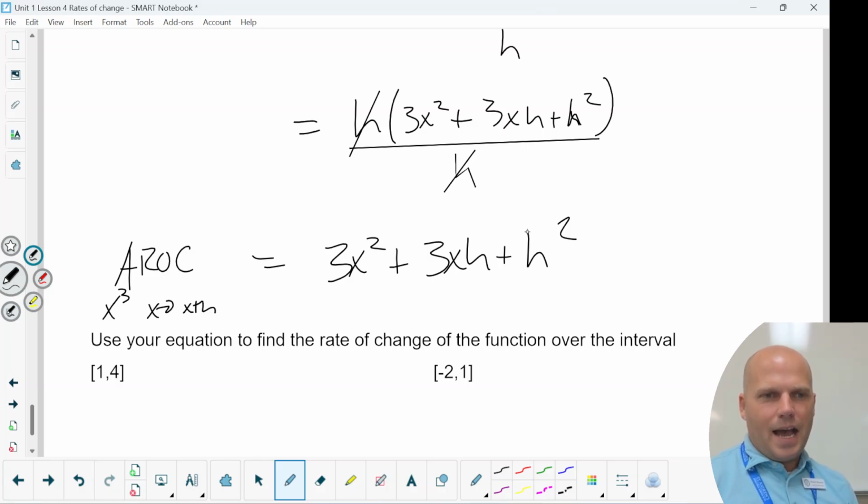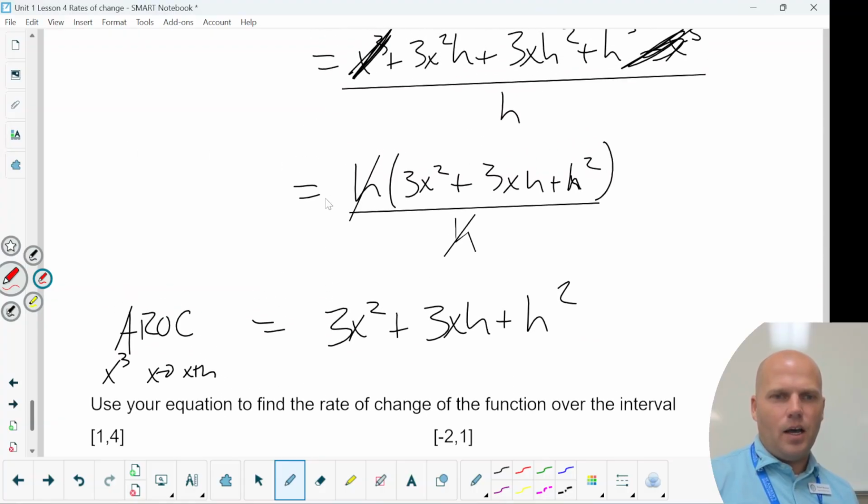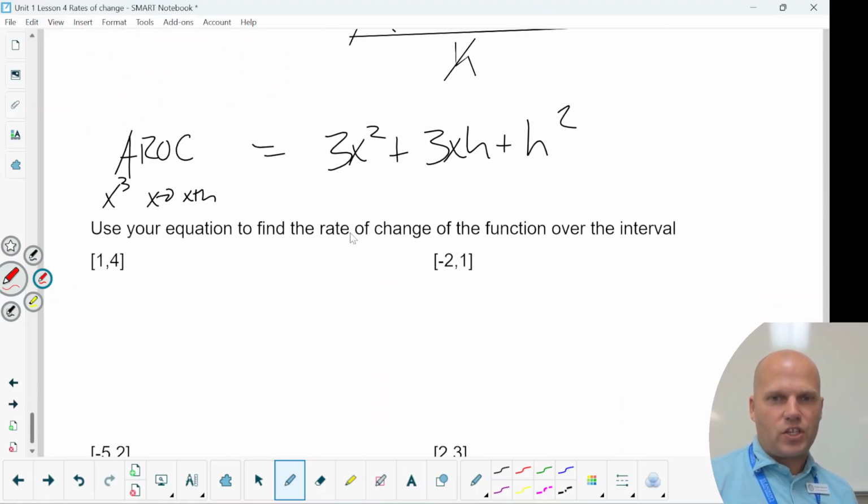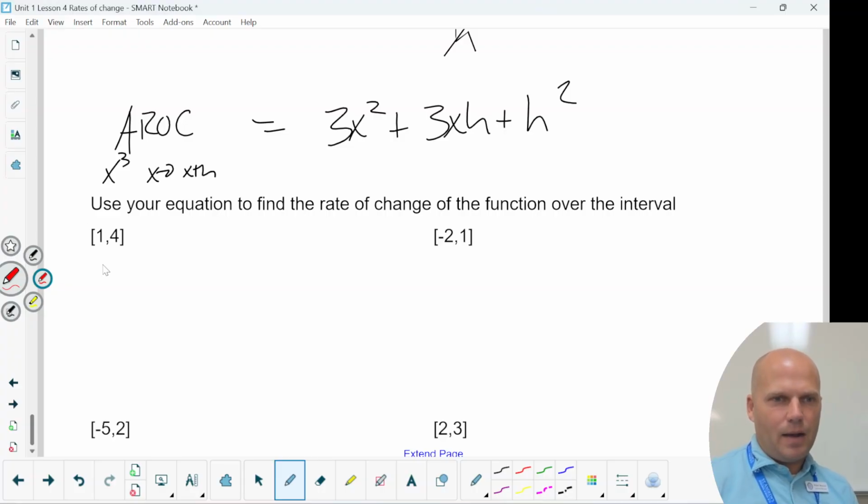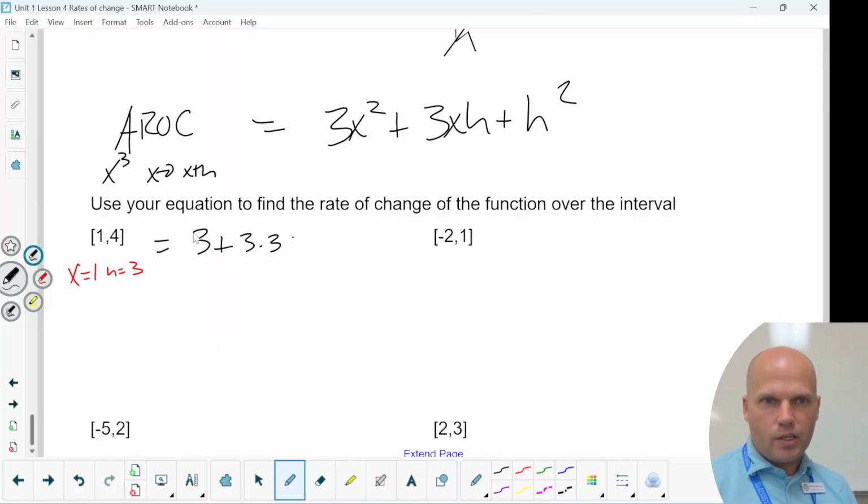Cool. Now, if we want to use our equation for the average rate of change for all of these intervals, then bam, I would say x is 1, h is 3. And I'd be like, okay, cool. X is 1, h is 3, and I'd get 3 plus 9, 18, 19, 20, 21.